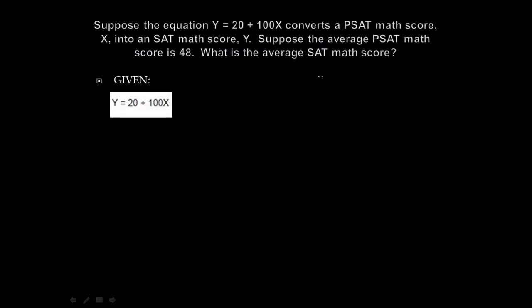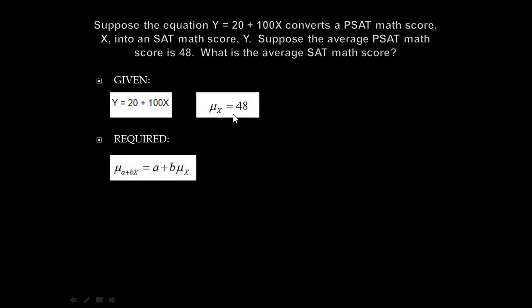So we are given the equation that converts PSAT math score, y is equal to 20 plus 100 of x, with a population mean at x equal to 48. We are required to solve for the average SAT math score. When we say average, we're going to deal with the mean population. So mu of A plus B of x is equal to A plus B multiplied with mu, the mean population at x.